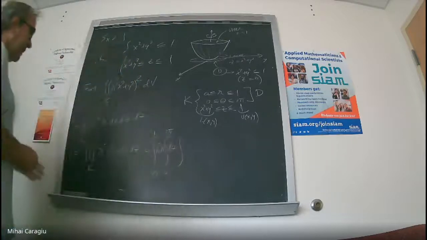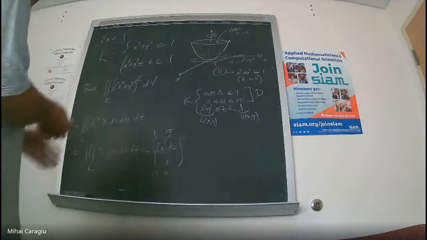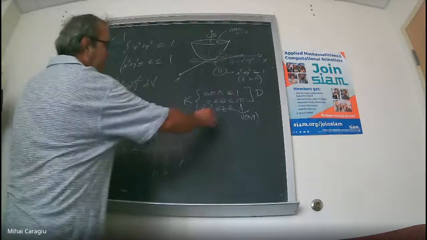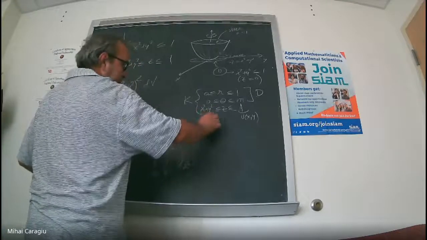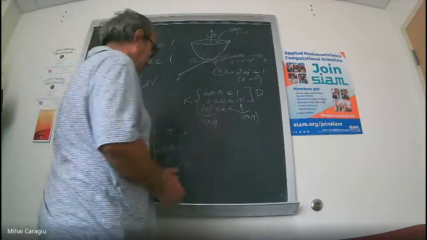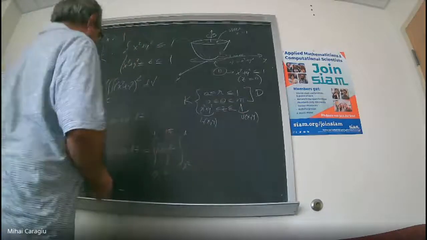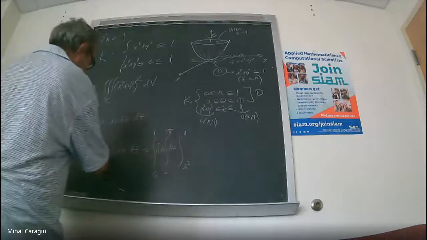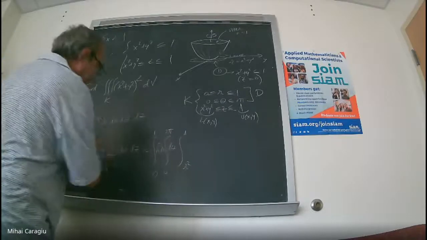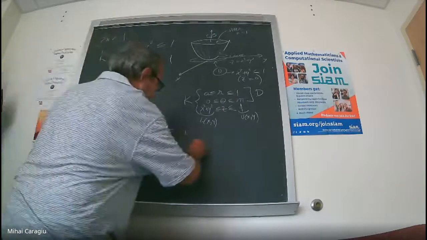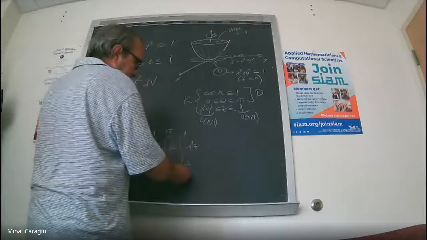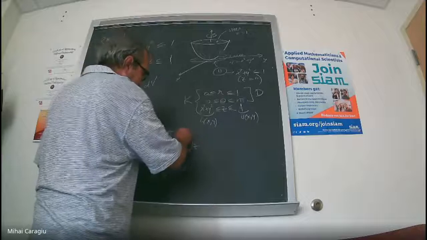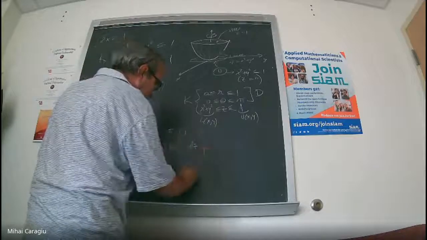Then on the inside, the only integral with variable limits, the integral from r squared to 1, because the lower surface is r squared and the upper surface is 1, of dz. So the last integral is from r squared to 1 of dz, so obviously this will be 1 minus r squared.